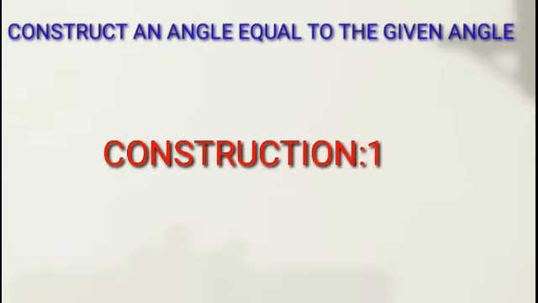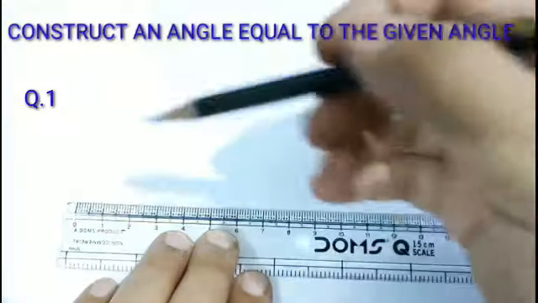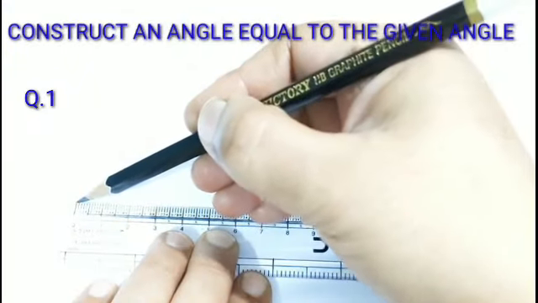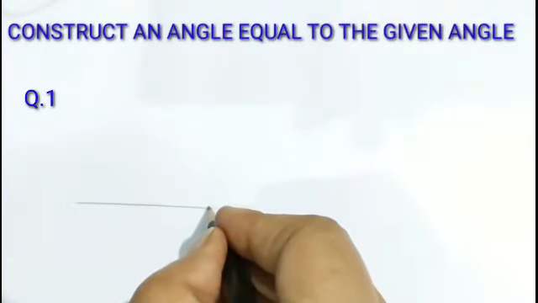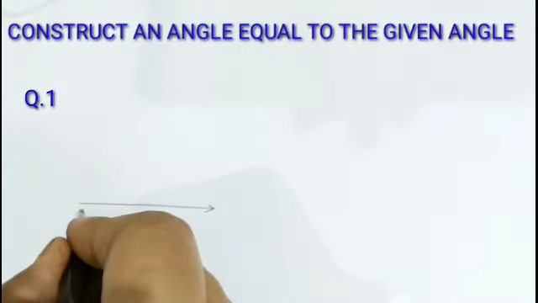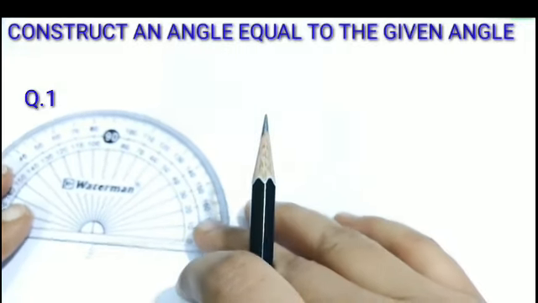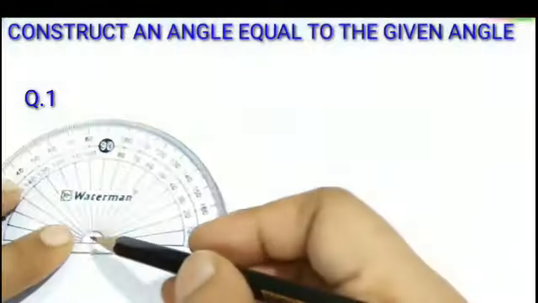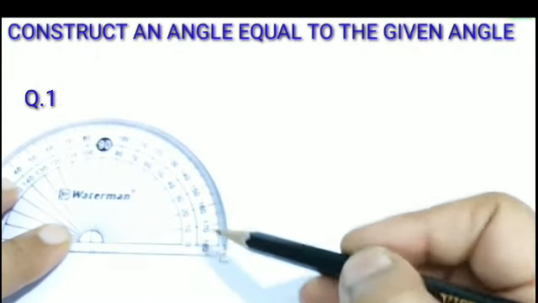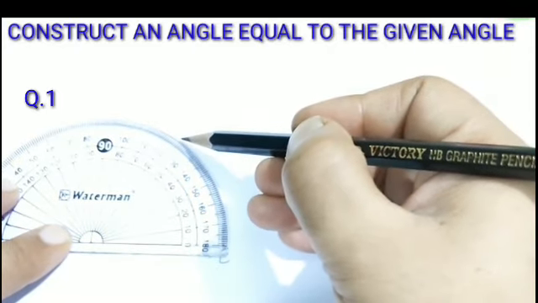To draw an angle equal to the given angle: draw an angle ABC equal to 56 degrees using a protractor. Children, you all know how to construct an angle using a protractor. Draw any ray, name it BC, with B as center, line up the baseline of the protractor with the ray such that this point lies on the vertex of the angle, and use the inner scale and draw an angle of 56.